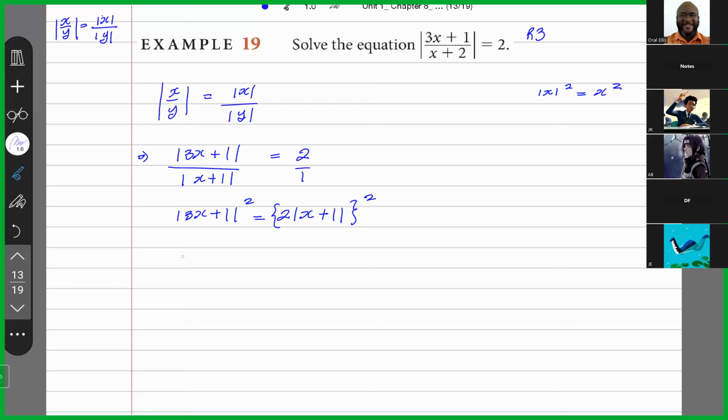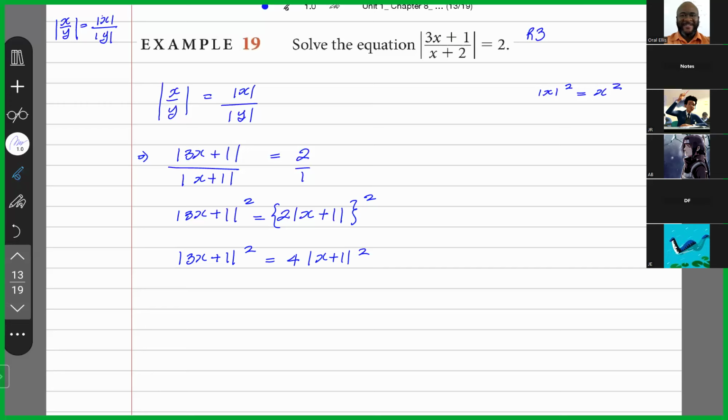All right, so I'm going to square both sides. If I do, I'm going to get the mod of 3x plus 1 squared is equal to 4 times the mod of x plus 2 squared.